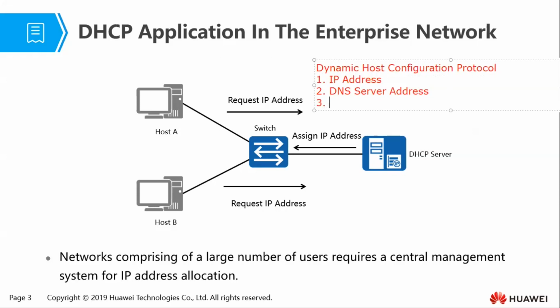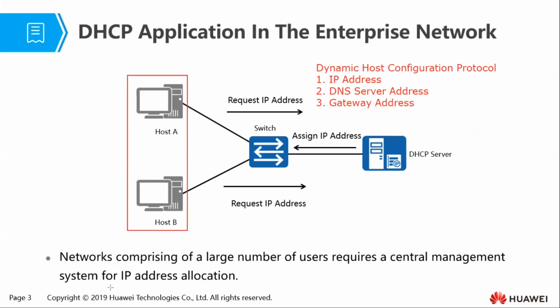You might also need the gateway address in order for it to be able to access other LANs or VLANs or the internet. So these are some of the other configuration parameters that a machine might need in order to be able to access the internet. Now, generally, you can configure these particular parameters manually on these end devices.